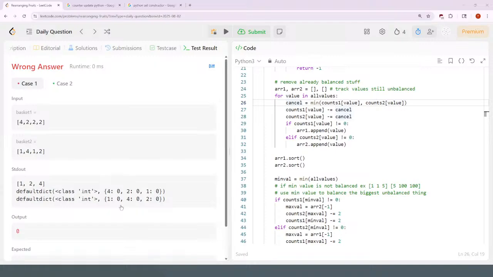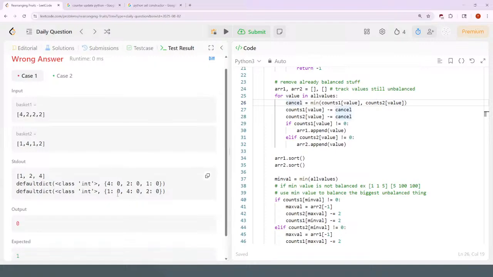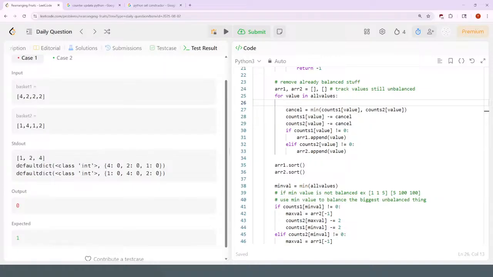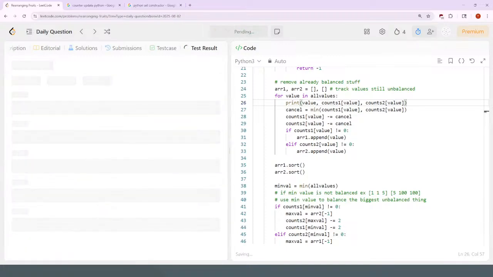Where was I? So for some reason the values were all zeroed out. Go ahead and print out here the value and counts one of this value. It shouldn't have zeroed out, I don't think.